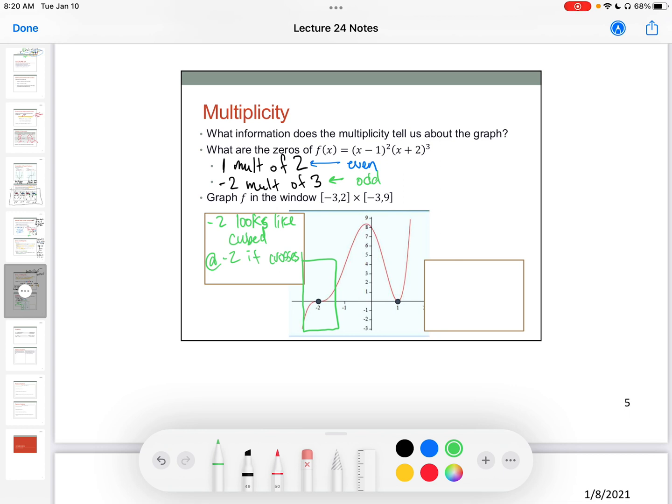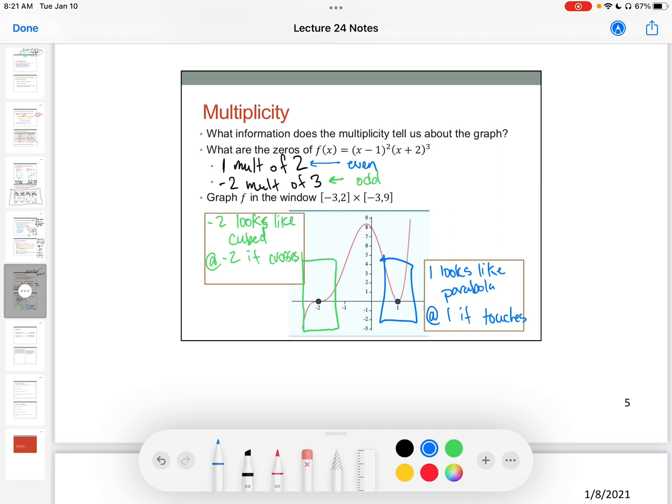Now, at 1, where it was an even multiplicity, if I take a snapshot of just what's in there, I could say at 1, it looks like a parabola, which makes sense because even is what results in that parabola shape. So I could say that at 1, it touches.